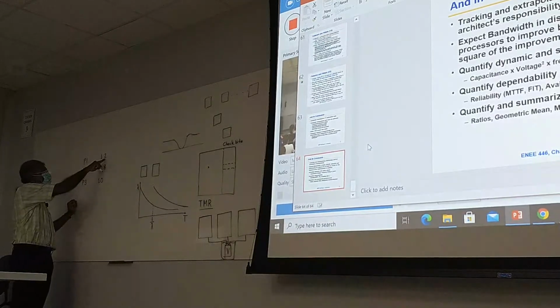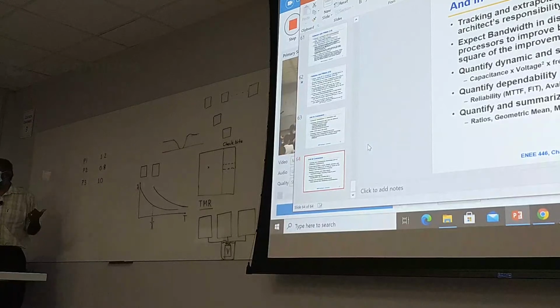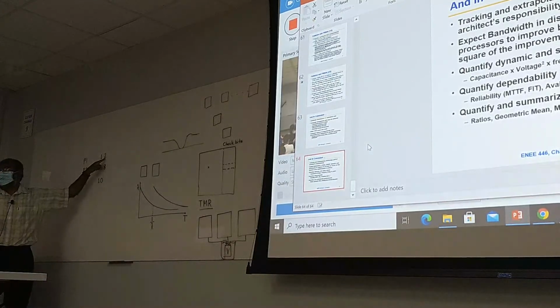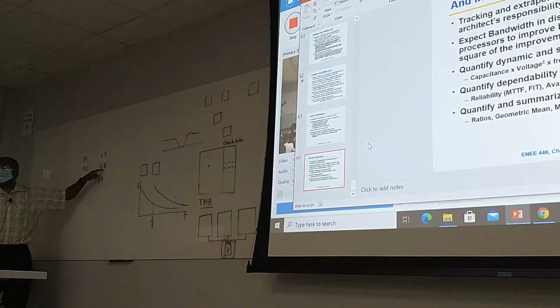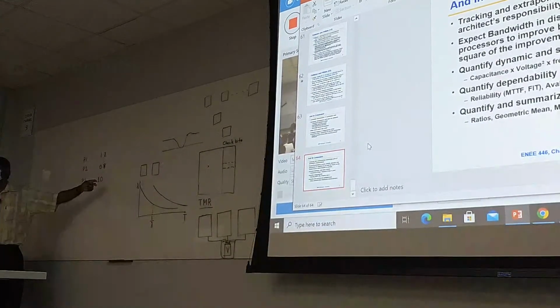So for this one, system A did 20% better, so the ratio was 1.2. For this one, B did 20% better. This one, A is doing 10 times better than B.